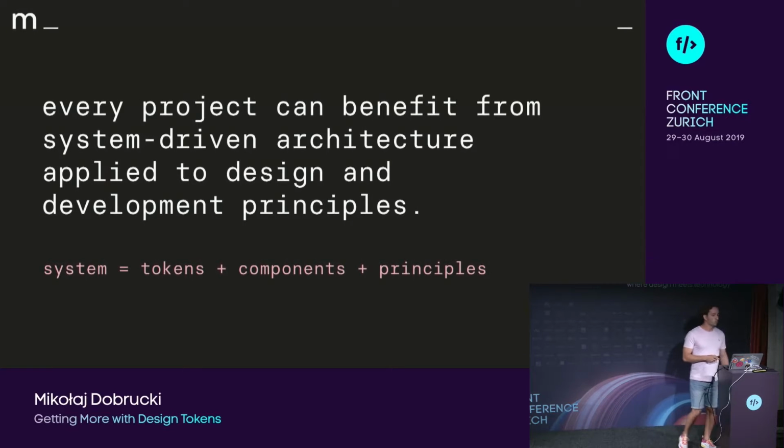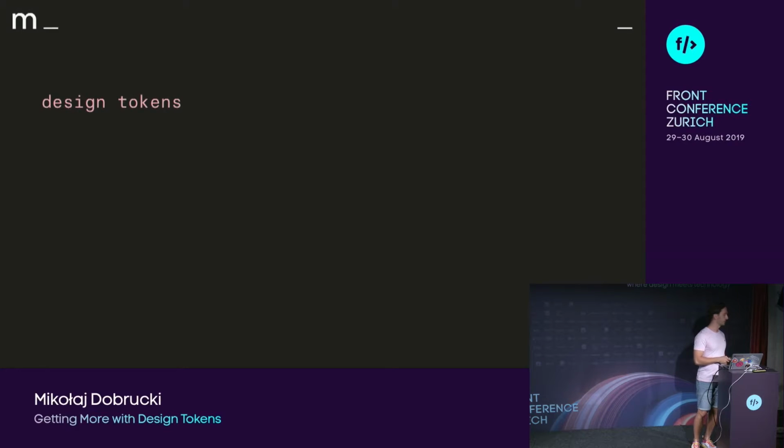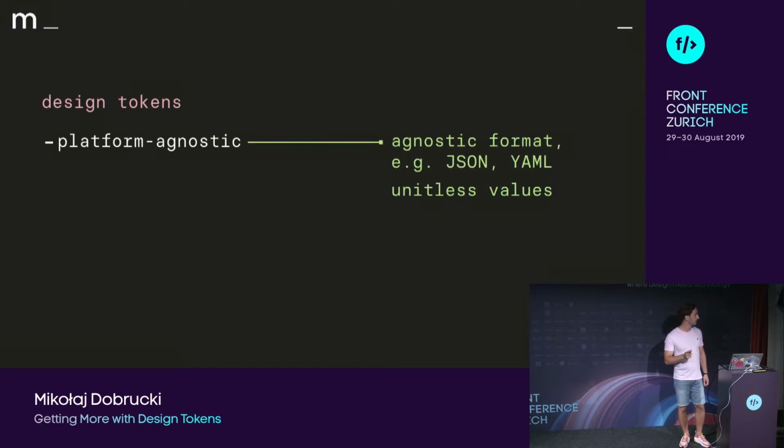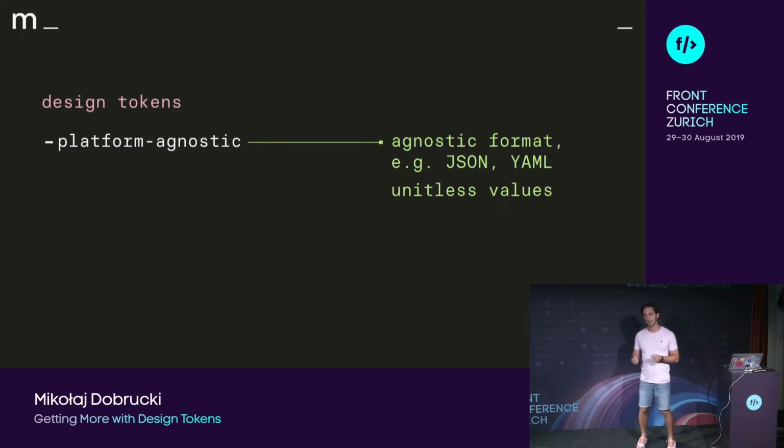All right, so what are the main characteristics of design tokens after all? First of all, as we said, design tokens tend to be platform agnostic. And in practice, this usually means 2 things. First, it's good to store them in a format that is platform agnostic, so in a format that we can later translate easily into different platforms.